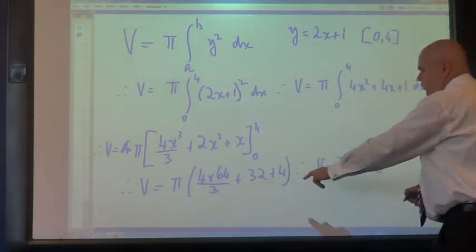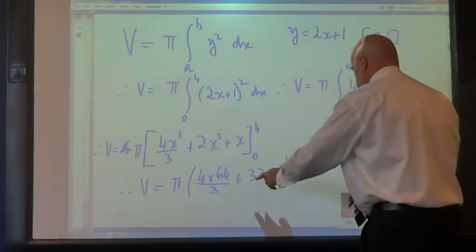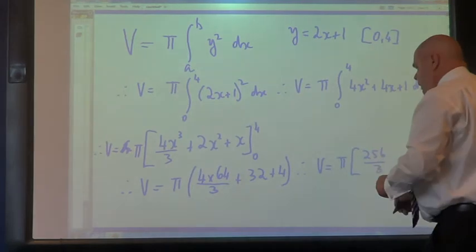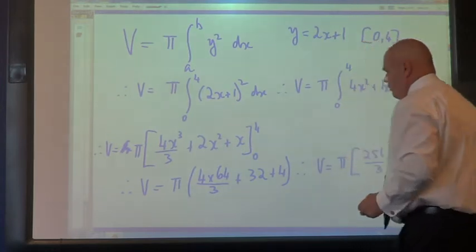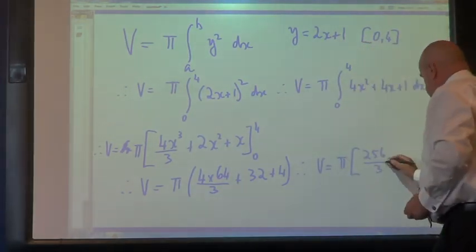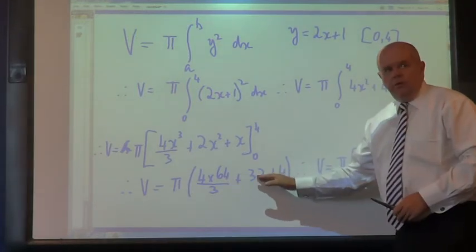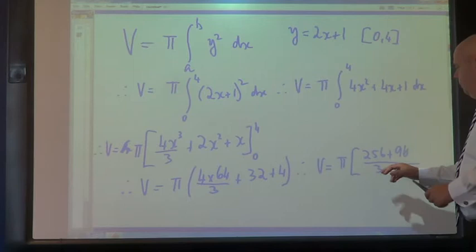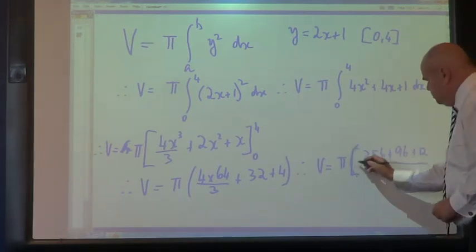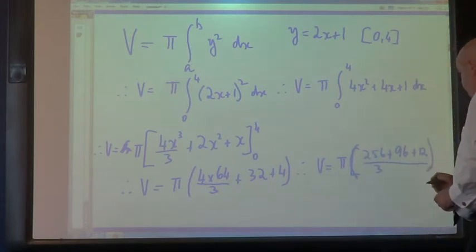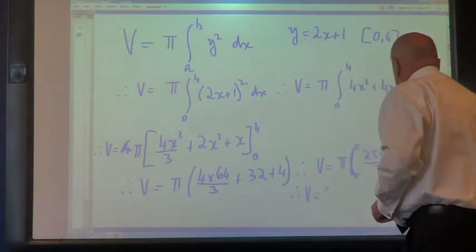Now, I'm going to convert everything to thirds to make it easy. 32 plus 4 is 36, correct, and 36 times 3 gives 108, so plus 108 on 3. I'm converting this to thirds. I didn't need square brackets actually there, so let's round them off like that. Okay, so final answer is going to be this.